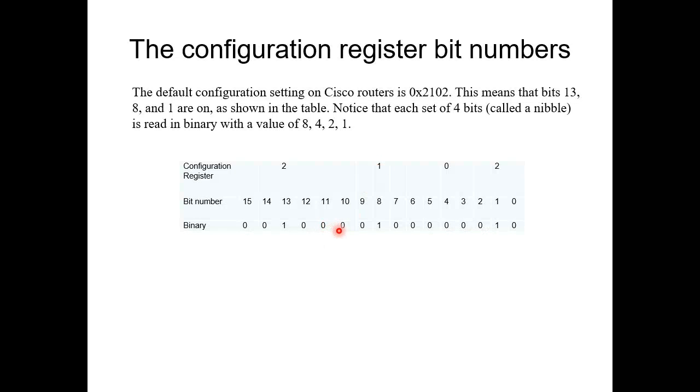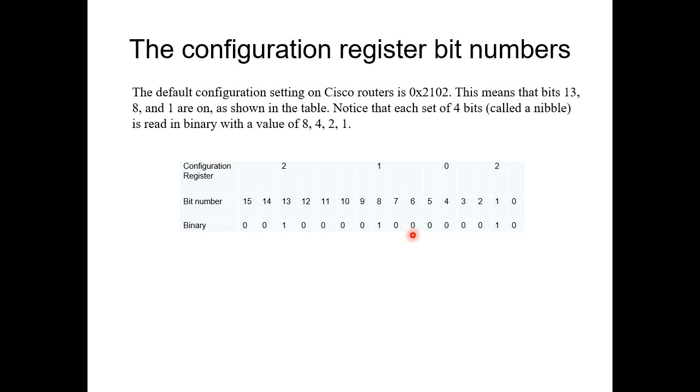Then we have 1, so we've got 0001. Then a 0, which is four zeros, and then finally the 2 again, 0010. If we change this to a 4, that means this is the bit that's going to get changed right here from a 0 to a 1, making it a 2142.